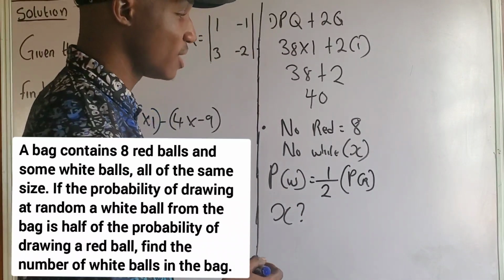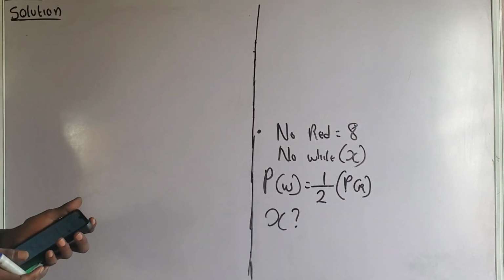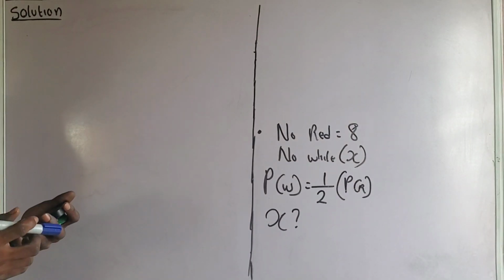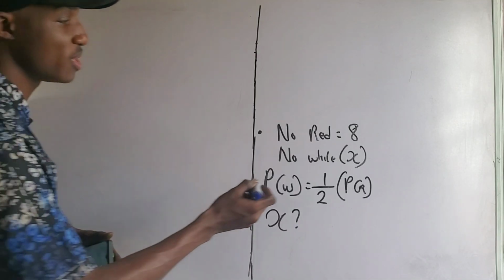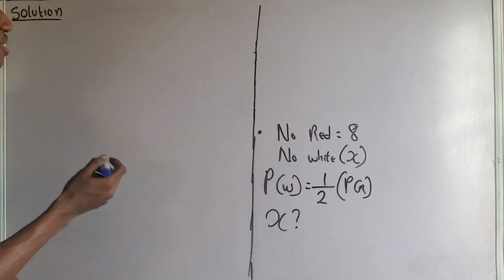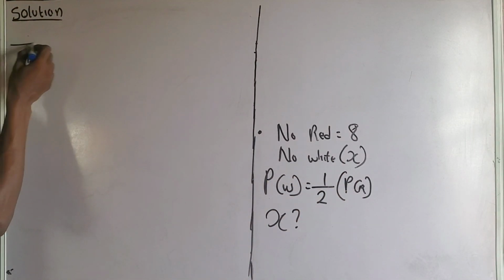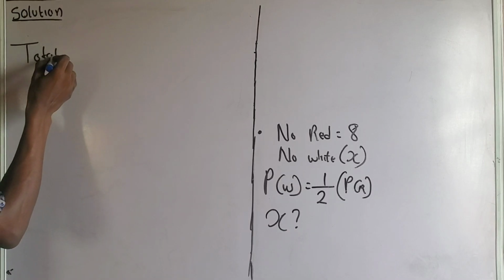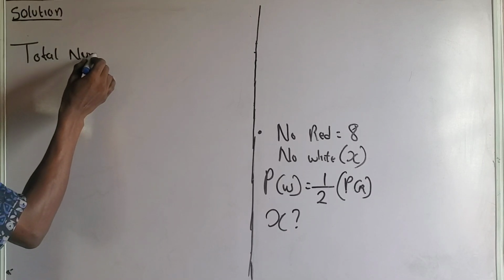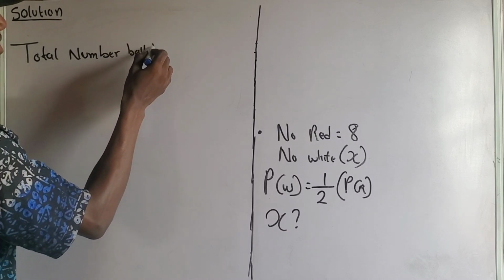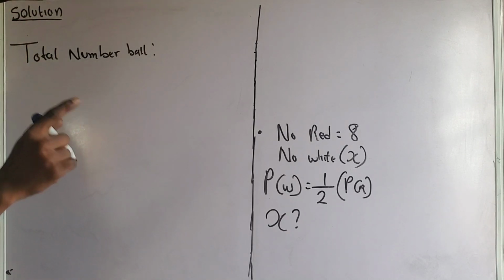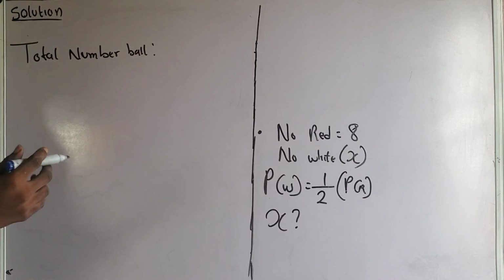Do you know? Now listen. Let us first determine the expression for the probability of a white ball and the expression for the probability of a red ball. Now, the total number of balls present in the basket will be the sum of the number of red balls and the number of white balls. Do you know?